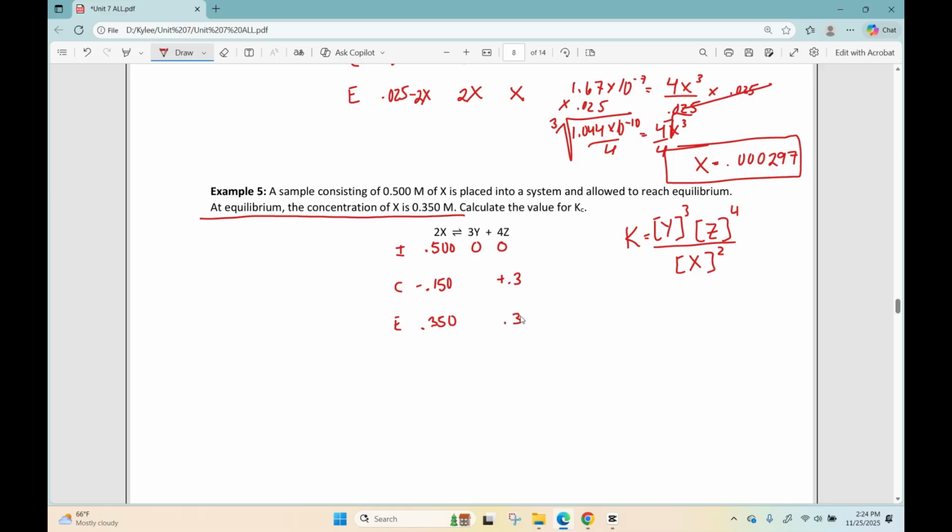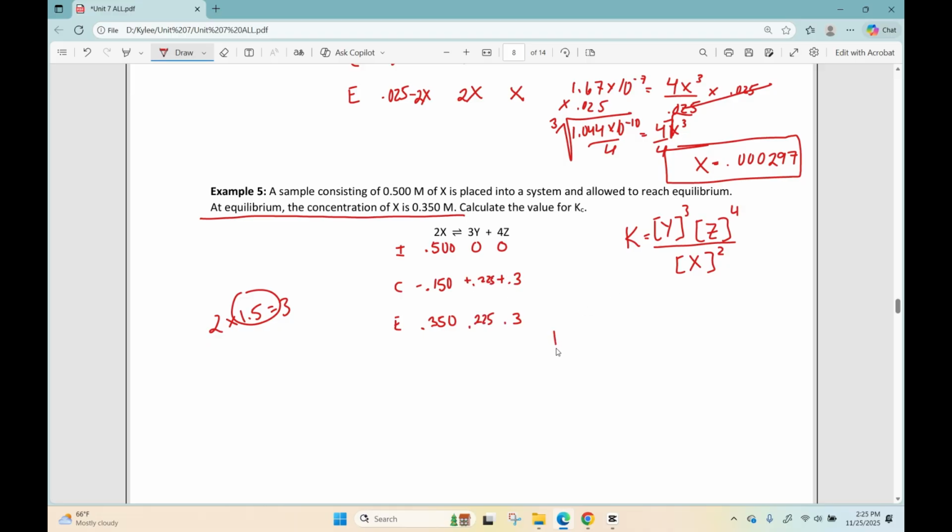And that's because of the coefficient. It's a 4:2 mole ratio. For Y, I notice that it has a coefficient of 3. So it's a 3:2 ratio. Or you can think of it as 1.5 times bigger. So if I took 2 times 1.5, I'd get 3. And so I need to multiply my change by 1.5. And if you do that, you get 0.225.